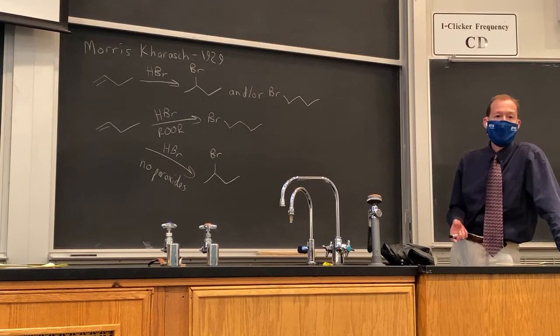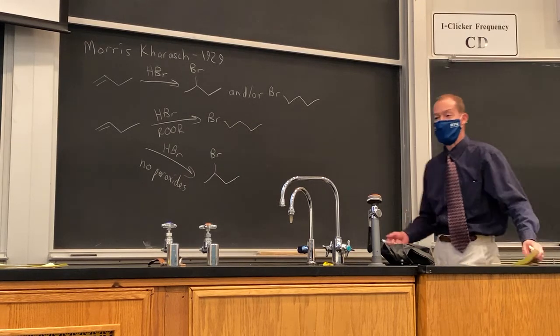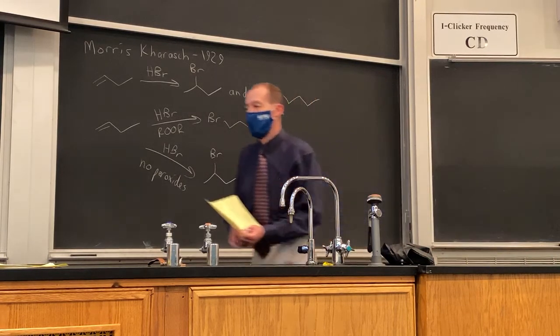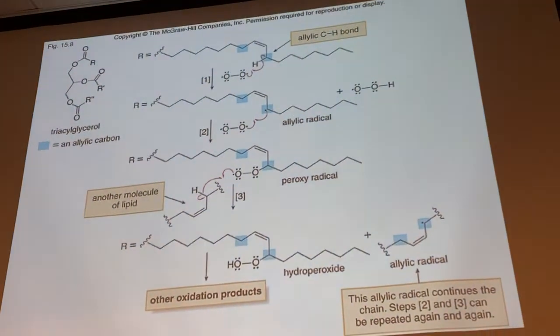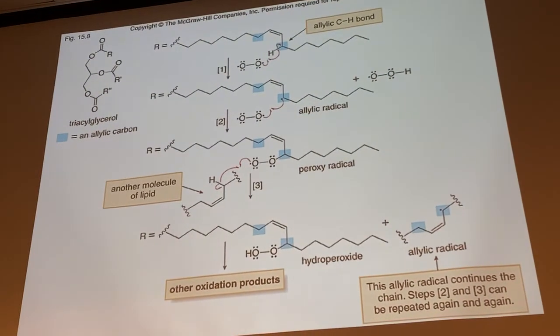So what's going on? First of all, where are the peroxides coming from? Well, if we go back a slide, the peroxides are coming from air oxidation of our alkene. Anytime you expose an alkene to air, you're going to generate some peroxides. We see a peroxide right here. A hydroperoxide is a type of peroxide.